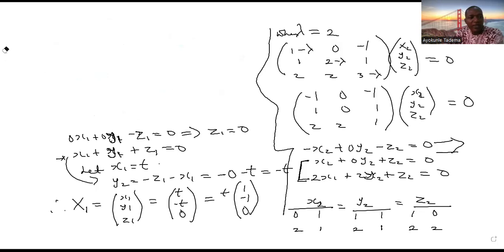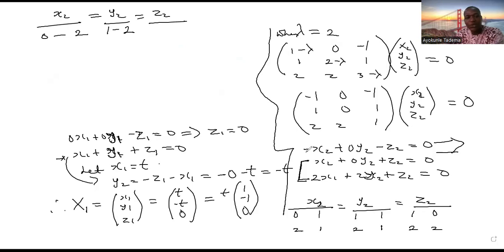Okay, from here that now we have x2 over, you can just do the terminal method. This one multiplied by this is 0 minus 2 times 1, which equals y2 over. This one times this is 1 minus this one times this is 2, which equals z2 over.